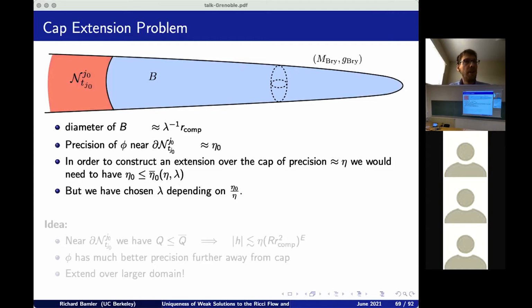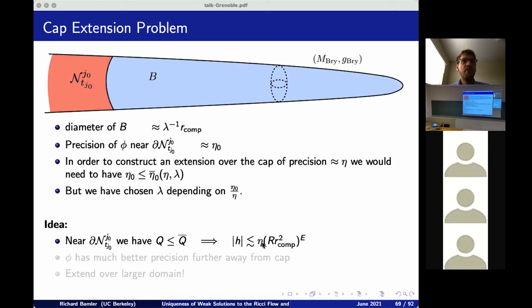So here we really need a new idea, and the idea is somewhat unintuitive. The observation is that on the entire comparison domain, we have this bound Q is bounded by Q bar. We always used this bound just to control H, saying essentially that H is bounded by eta. But this bound actually gives us a much better estimate.